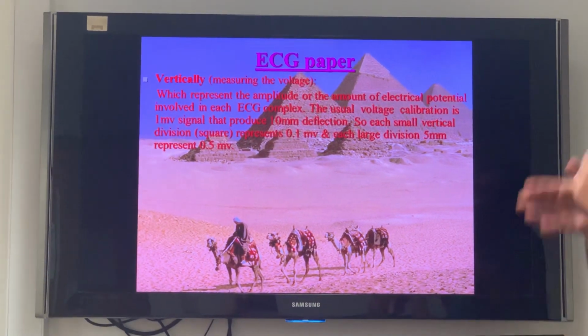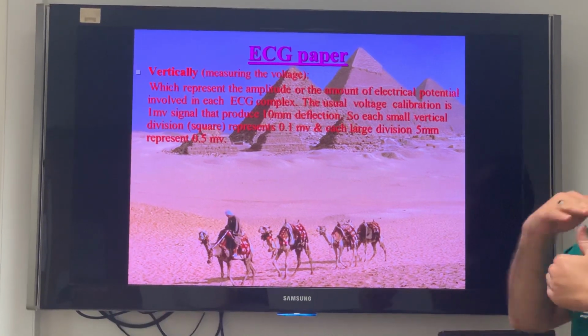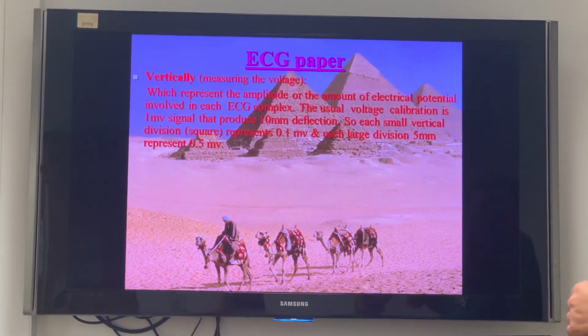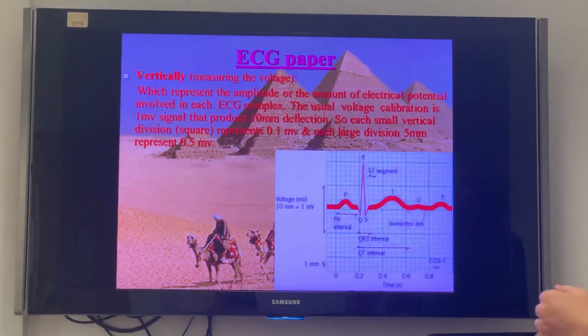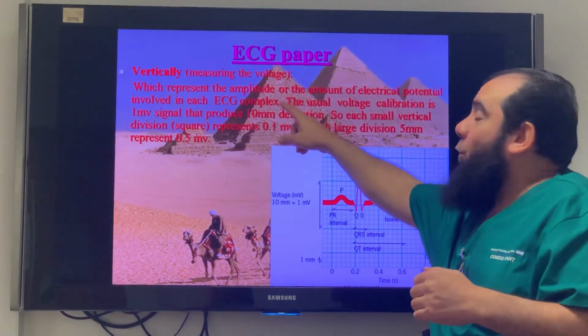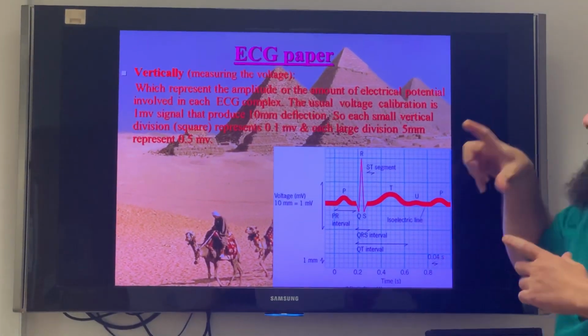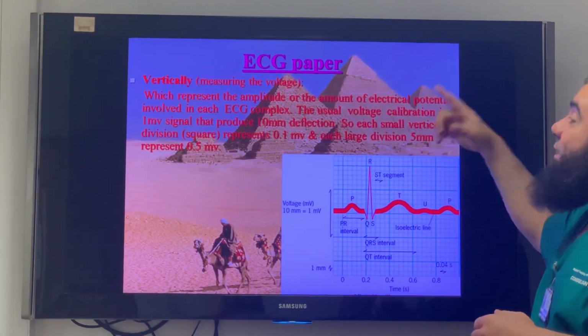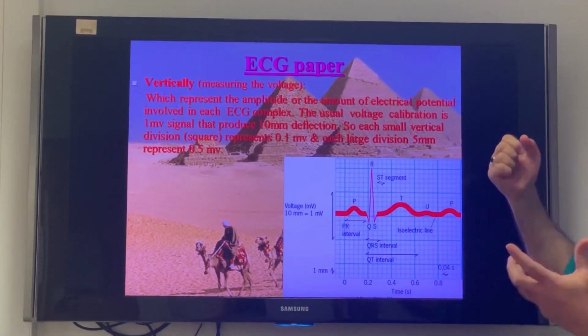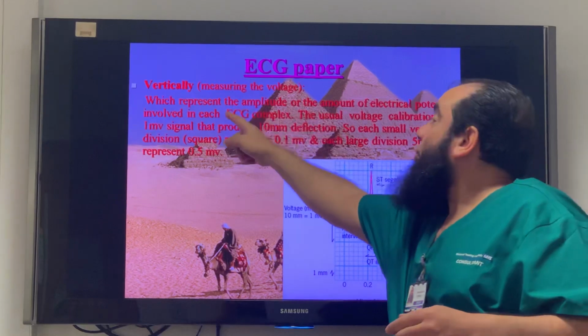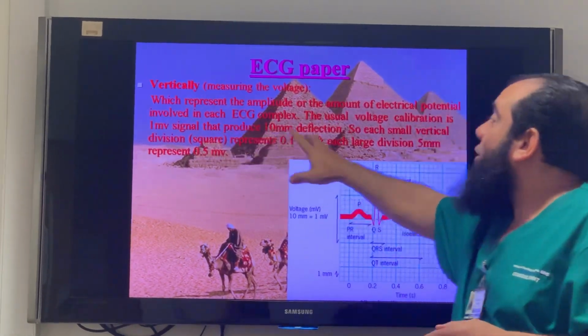So vertically, what are we measuring, and horizontally, what are we measuring? Vertically it represents the amplitude or the voltage or the amount of electrical potential, how strong it was, involved in each ECG complex.